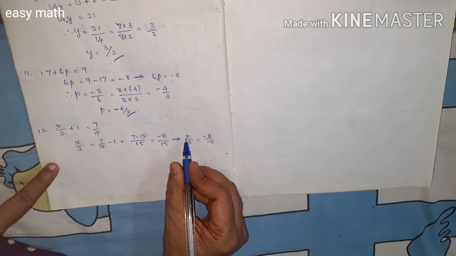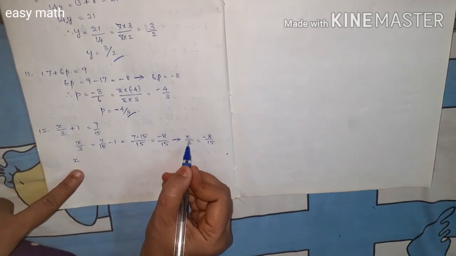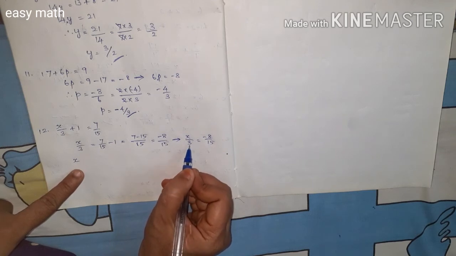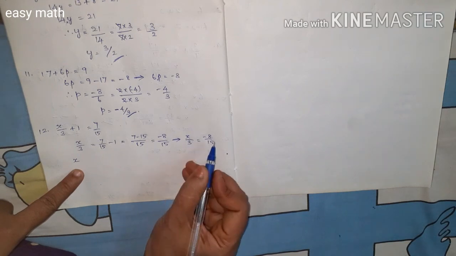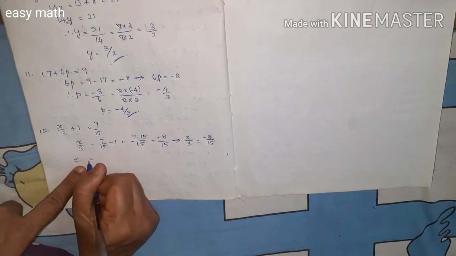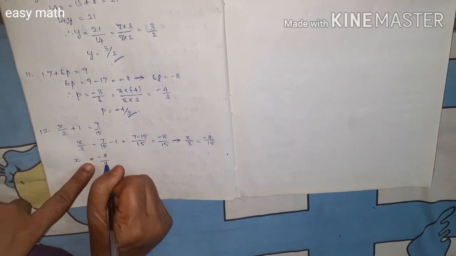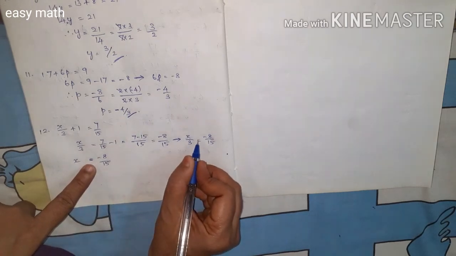Next, here x by 3. First we take x by 3. See, x by 3, when it goes to the right hand side, divided by 3 becomes into 3. So minus 8 by 15 as it is, divided by 3 becomes into 3.